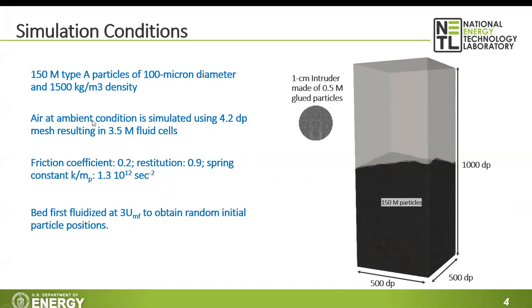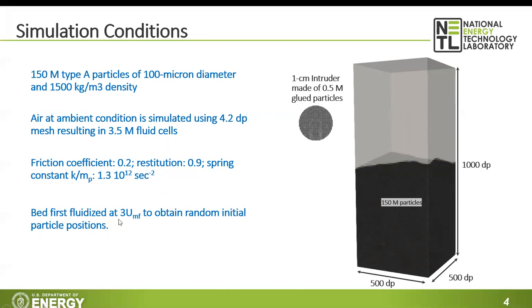Air is used at ambient condition, and the flow of air is simulated using a very fine mesh, as I mentioned before, about 4 dp, resulting in 3.5 million fluid cells. The friction coefficient, unless otherwise mentioned, was about 0.2, and the restitution coefficient for particle-particle and particle-wall contacts was the same, 0.9. The spring constant has this value.